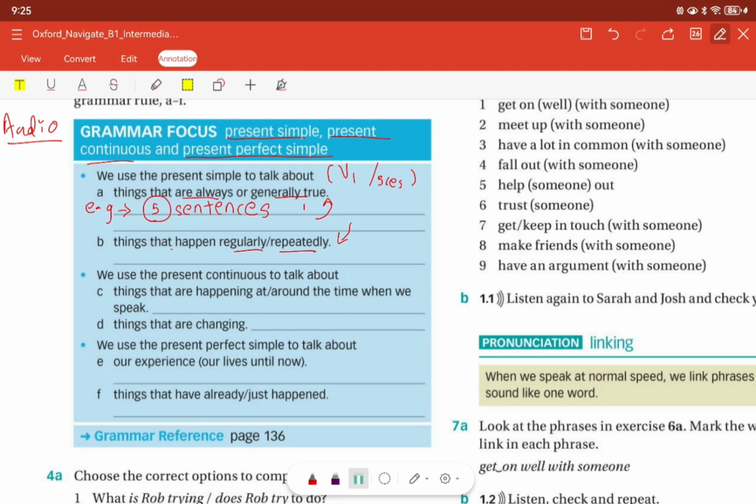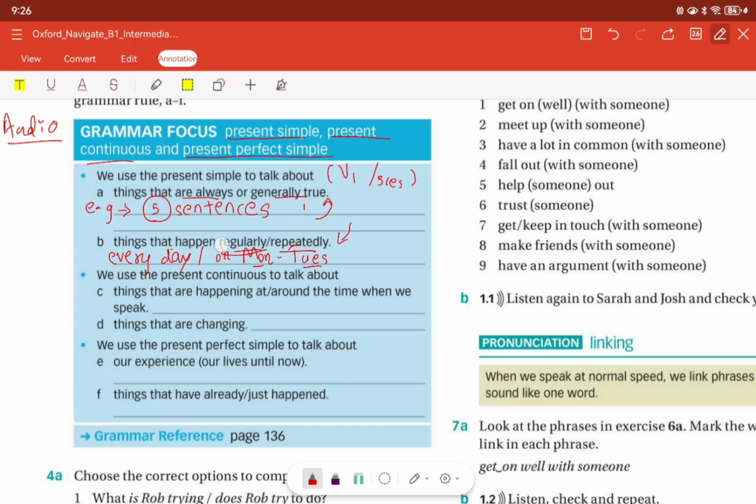Sometimes it's not every day. For example, on Monday and Tuesday, you usually get up at 6. Every Monday and Tuesday you have a morning duty, so you need to get up at 6 and go to work. Every Monday and Tuesday you have to do it.